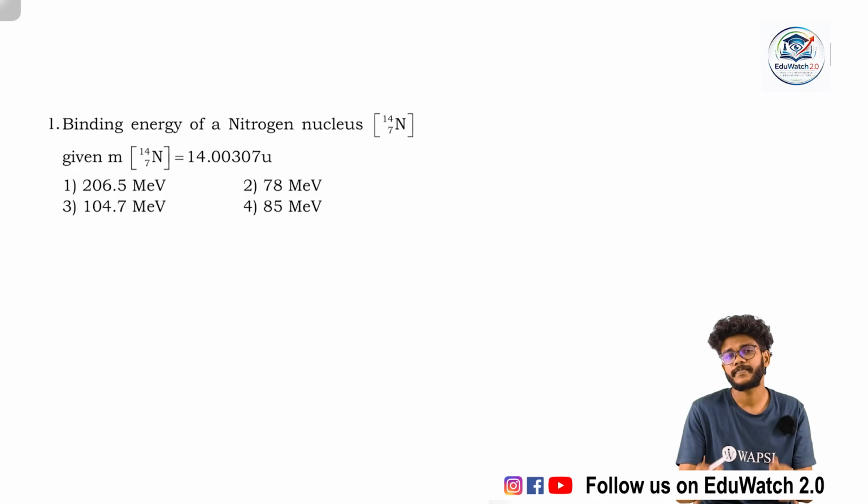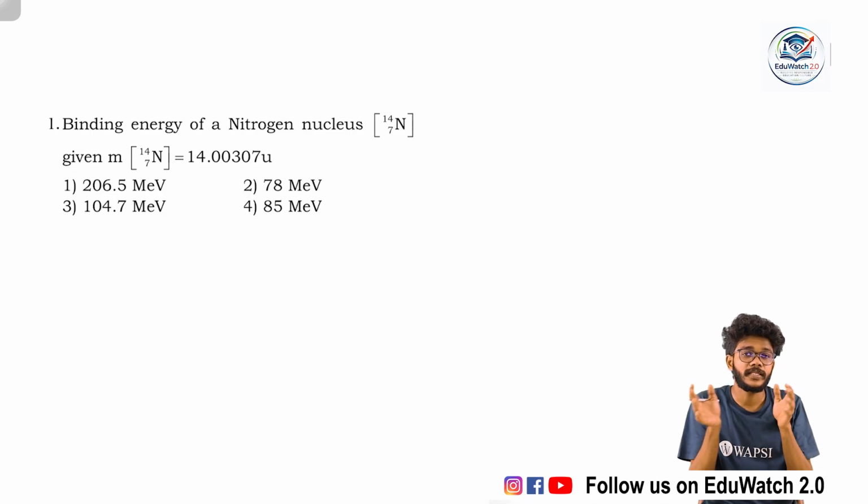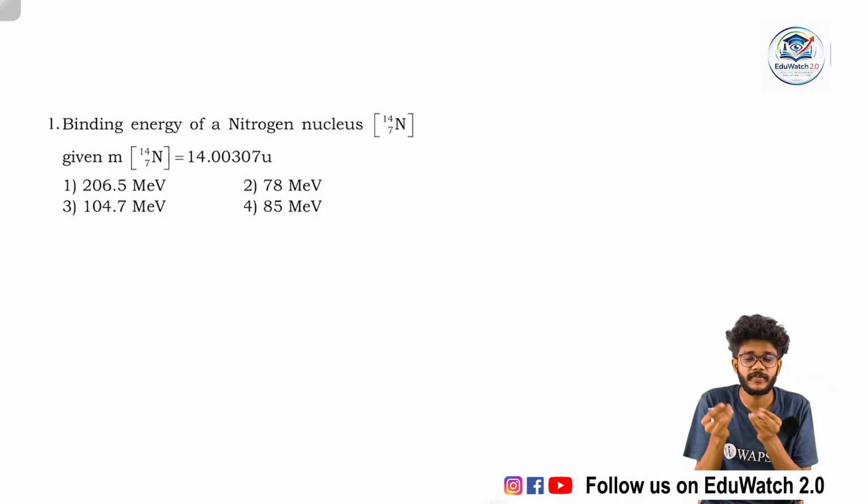So what is meant by binding energy? Okay, take one nucleus. Some of the mass is distributed among the neutrons and some among the protons, but by calculating the total mass we get a defect.